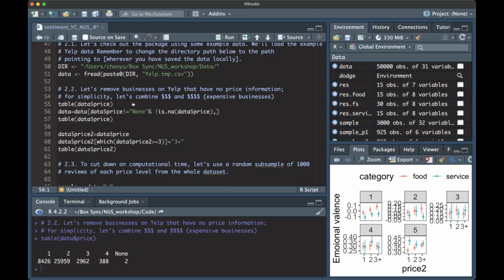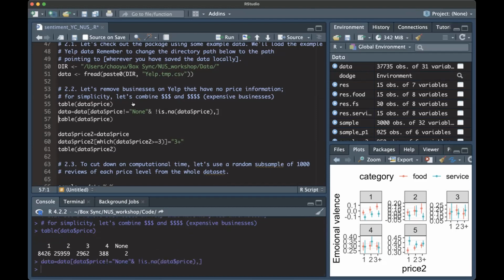For the purpose of this workshop, the first step I would suggest is to focus mainly on the restaurants with price information, because some merchants do not have price information, mostly because of lack of data.